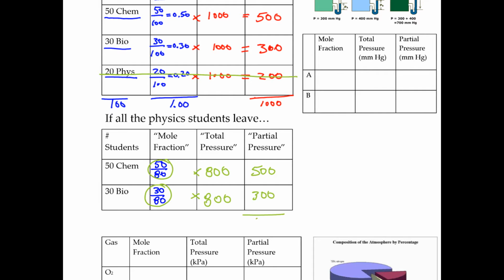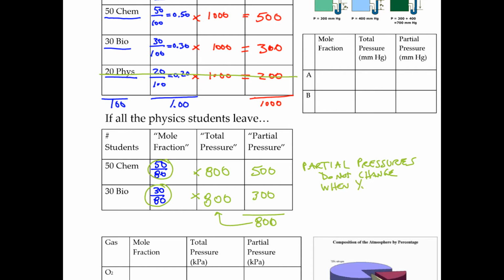And so you see that the total is different than it was before, 800, which matches this, but the partials stay the same. So this is an interesting concept to know, that partial pressures do not change when you add or remove gas.